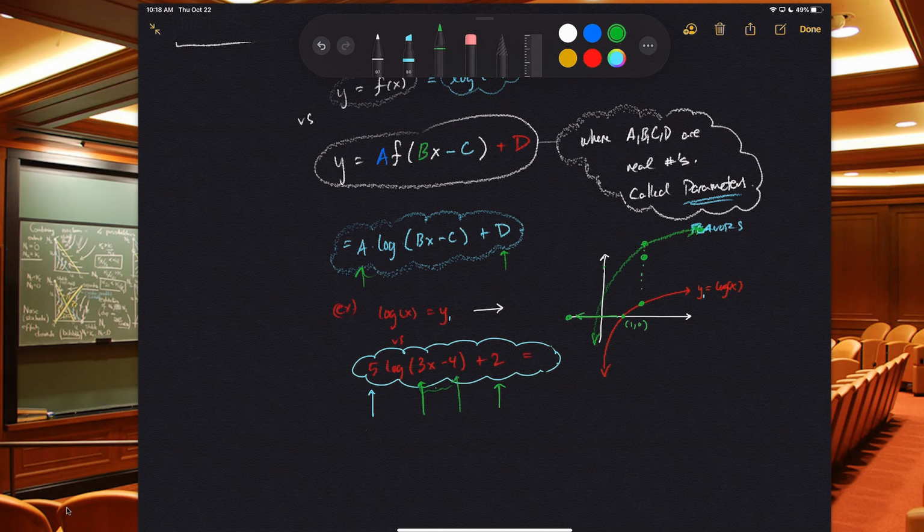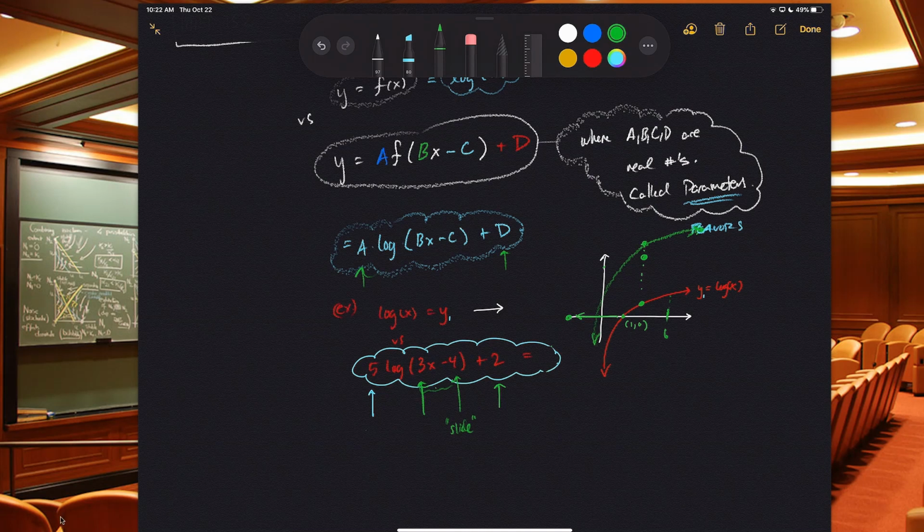And then the last is the horizontal slide. What this does is it also fast forwards you in time. The way to think about this is if I had an input of 6 for x on the regular log curve, that is now where the position would be at x equals 2.